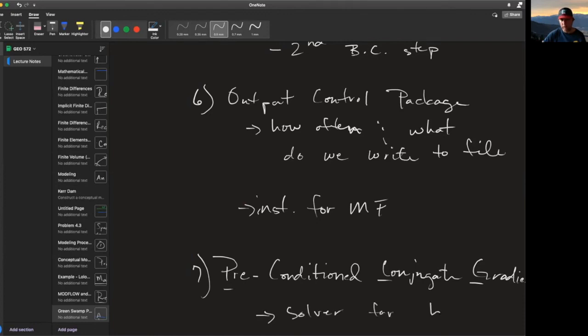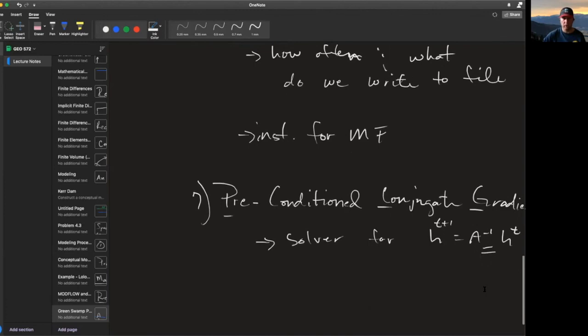Remember, solver for h equals A inverse h at t plus 1 equals h at t. So this tells me something about this A inverse. And again, this is instructions for MODFLOW and the solution method.